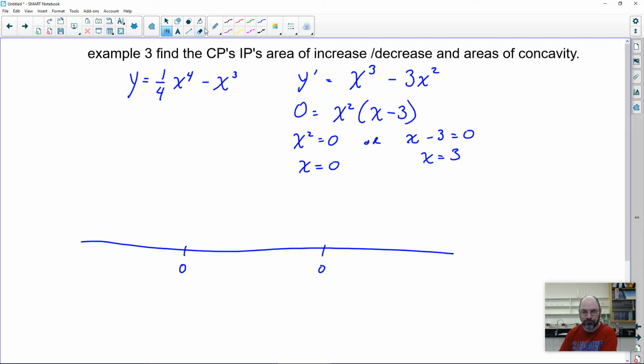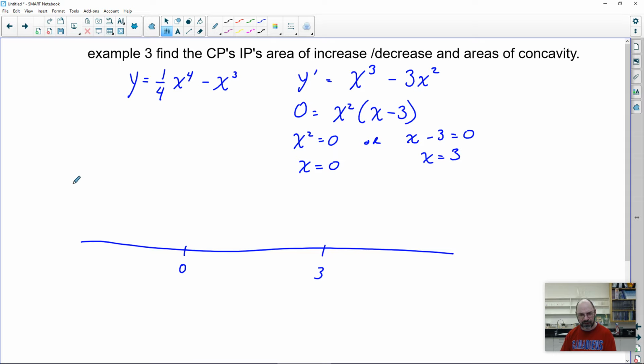Not two zeros, Rob, just 0 and 3, pardon me. There we go. So here's a critical point, there's a critical point. We can plug them back in, one is 0, and the other is whatever you get with a 3. Okay, so let's do increase, decrease.